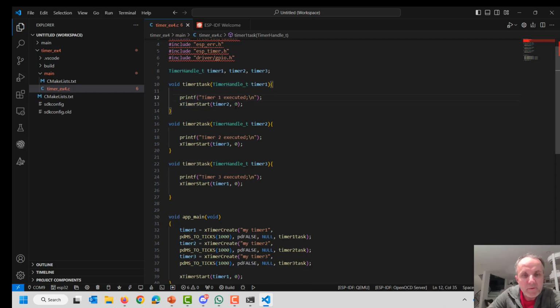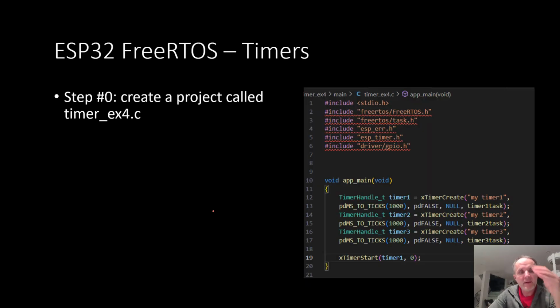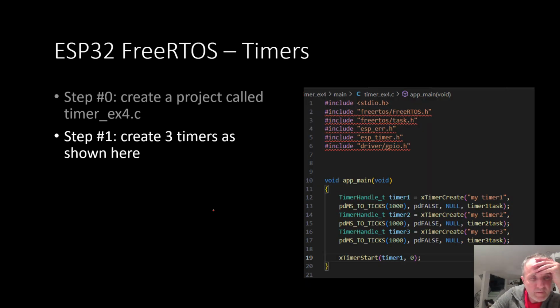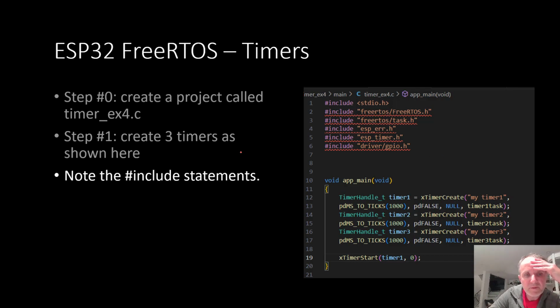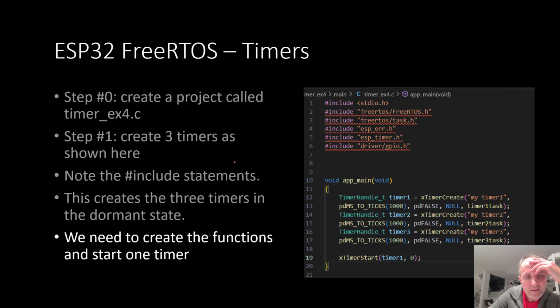If we look at the code, we're creating our three timer functions here, and this is our code down here. If we go back, create a project called timer ex4, create three timers as shown here, and note the include statements. You should really use those include statements. This creates the three timers in the dormant state. Then we need to create the function that starts one timer. So we start the one timer here, timer 1.